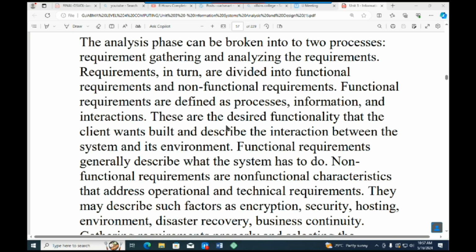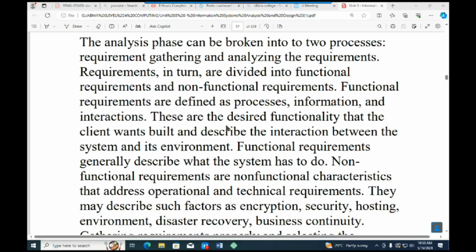Now the aspect of information is basically how data and information is processed within the system. Generally, the functional requirements will describe what the system has to do.